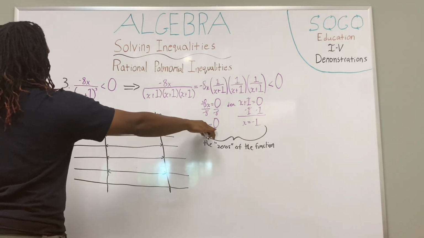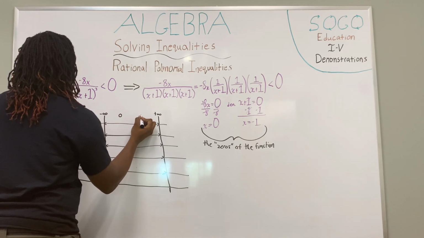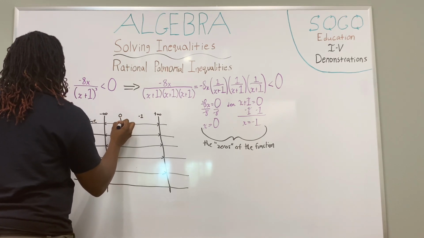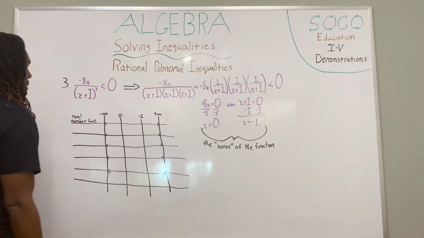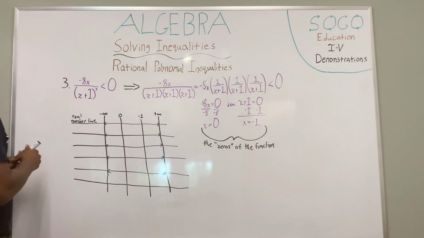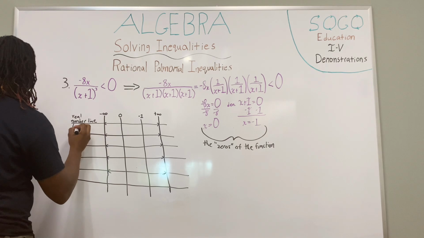All right, you know the next step. Now we gotta put our zeros on the real number line from least to greatest. Now it should be -1 and then 0, but obviously I'm making a mistake right here. But the good part is that I typically recognize my mistakes eventually because something is not going to be right in the infinity table.